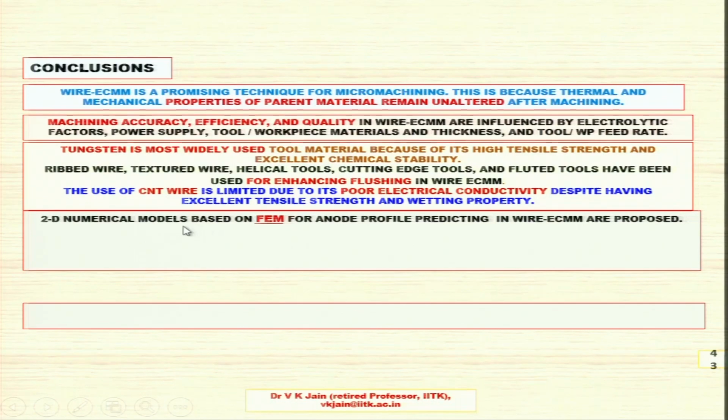Two-dimensional numerical models based on the finite element method for anode profile prediction in wire ECMM are proposed. Not much work or hardly any work has been done in this direction. The finite element method has been commonly used for tool design as well as anode shape prediction in electrochemical machining, but it still needs to be explored in electrochemical micromachining, including wire electrochemical micromachining.